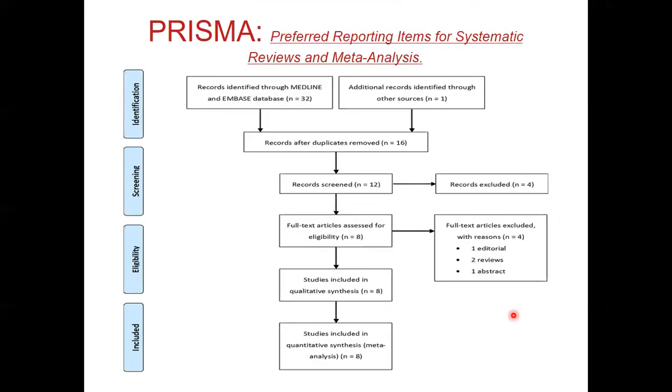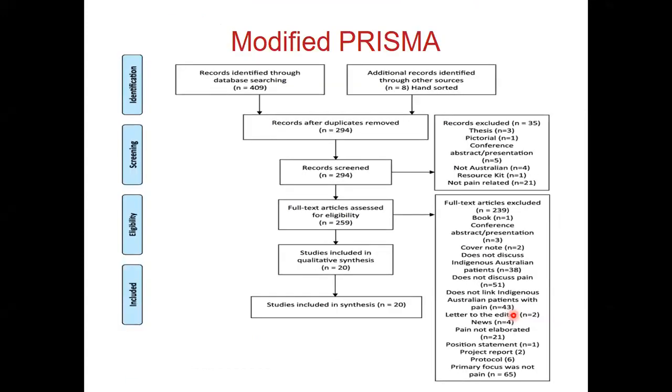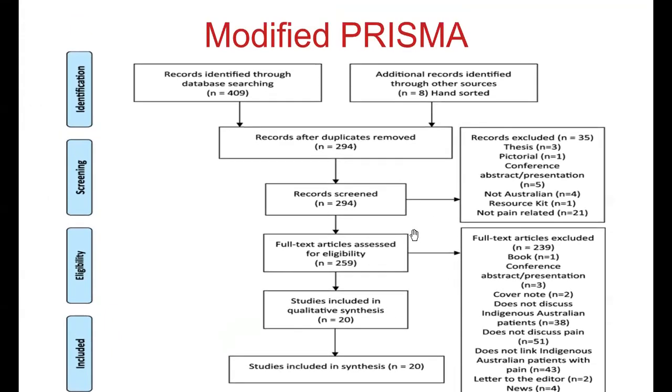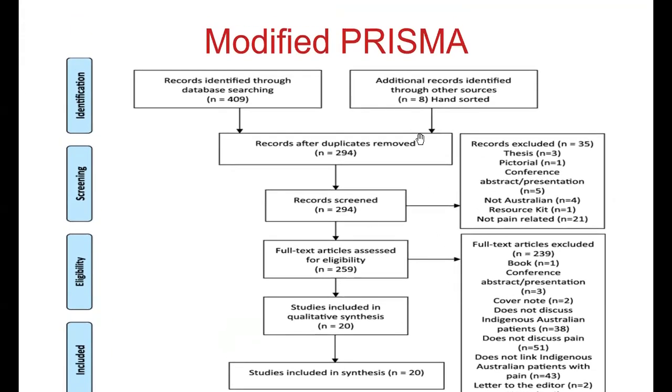So that's a framework, but there are many. There's also a modified PRISMA. So for example, this is a particular specific study somebody did and adopted PRISMA. And then in his reporting, he showed how he did his systematic search, okay?